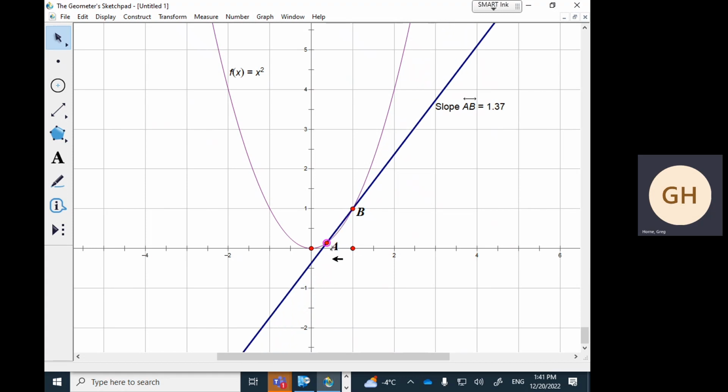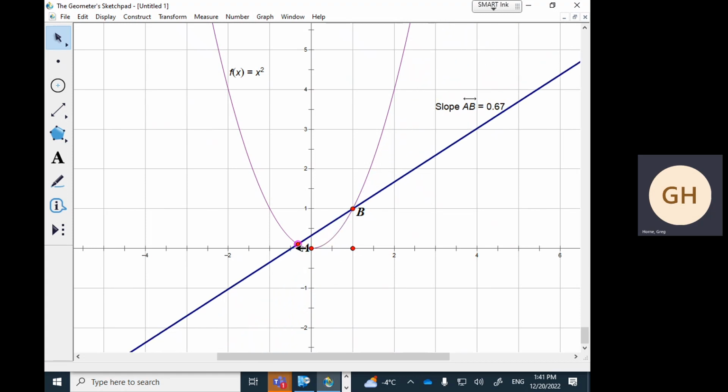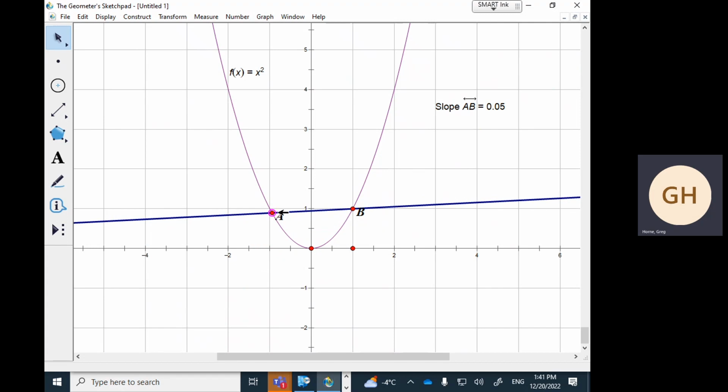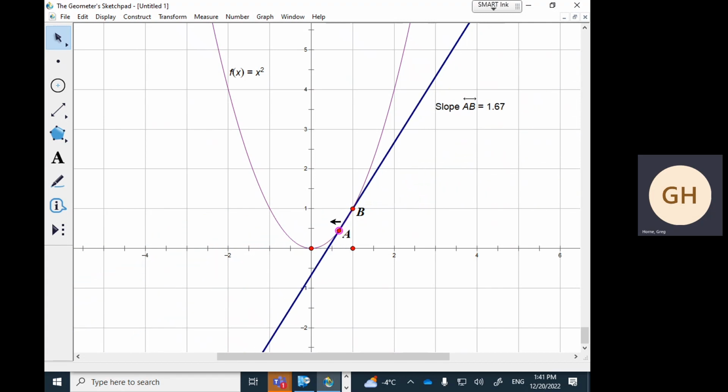If I went from the other side, you can see we started with a slope of 0, and it's changing a lot. As we get closer and closer, it starts to change less and less. When you look at the table of values, like in yesterday's lesson, you can see the numbers are changing by less and less as you go closer and closer. And so you can see it's approaching 2 from the left side, it's approaching 2 from the right side. And so you can confidently say that it's approaching 2 overall. So it allows us, from the table of values, to talk about the slope at that instant being 2.